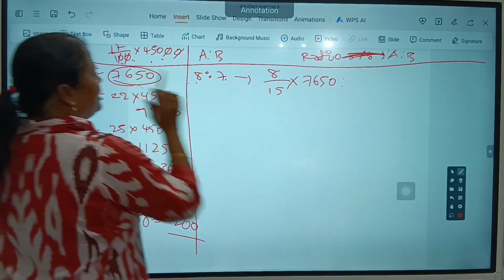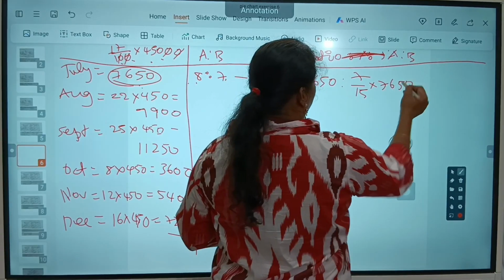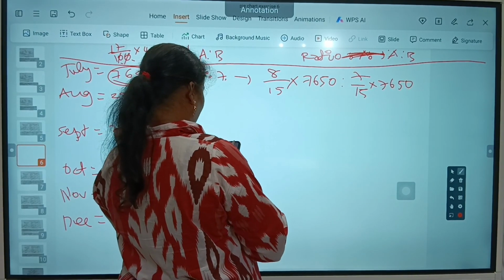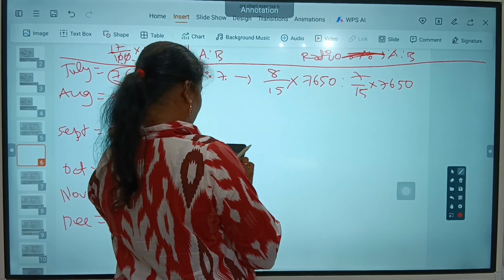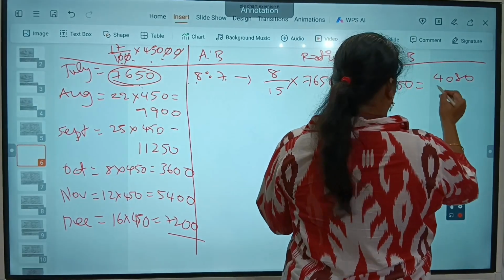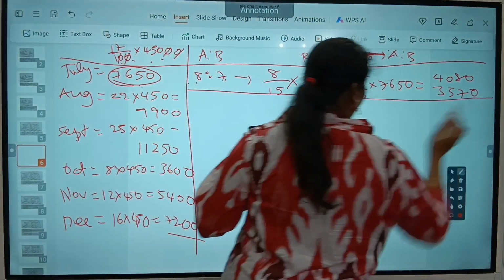This value is 8 by 15 into 7650, and 7 by 15 into 7650. Then we will get 4080 is to 3570.